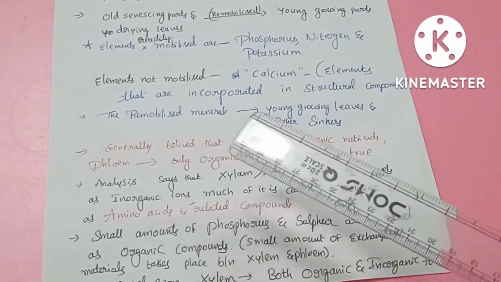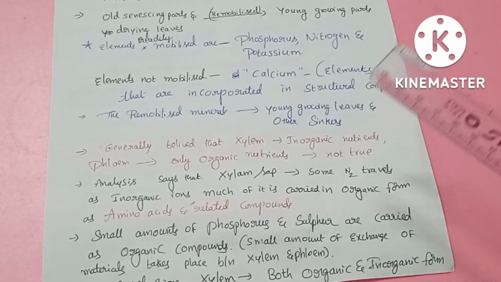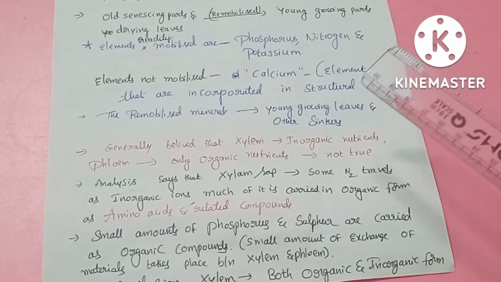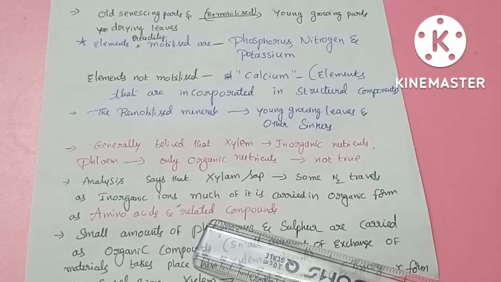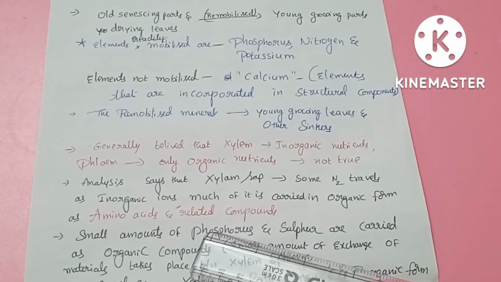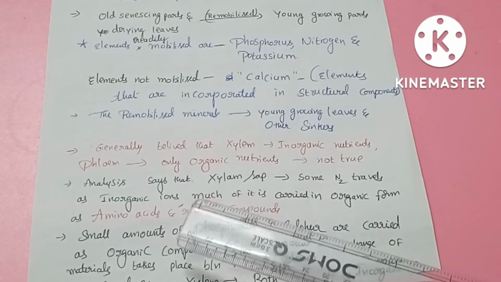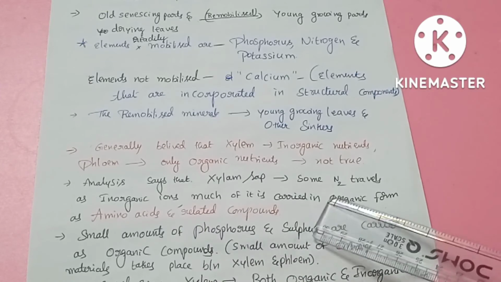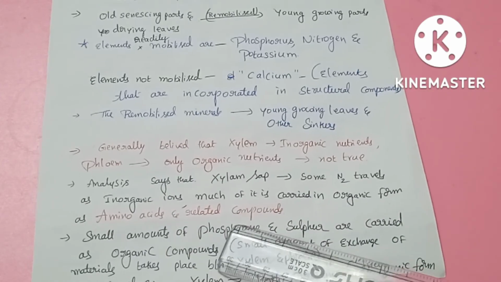Generally it is believed that xylem consists of inorganic nutrients and phloem consists of organic nutrients. It is a general belief, but it is not true, because chemical analysis says that when we examined the xylem sap, we saw that some nitrogen travels in inorganic form, but most of it is in an organic form of nitrogen, such as amino acids and other related compounds.